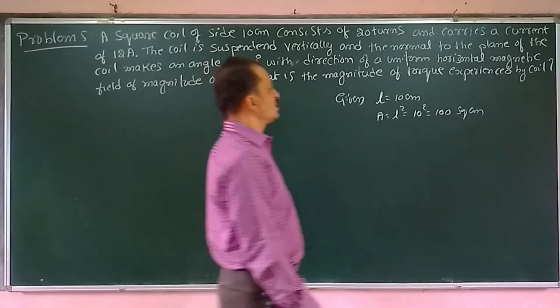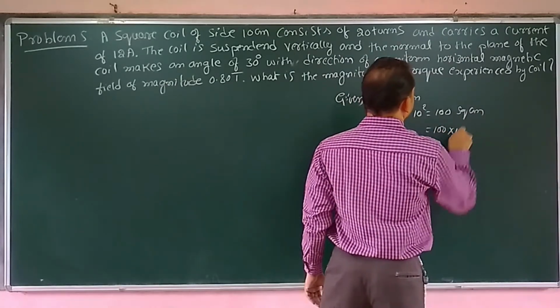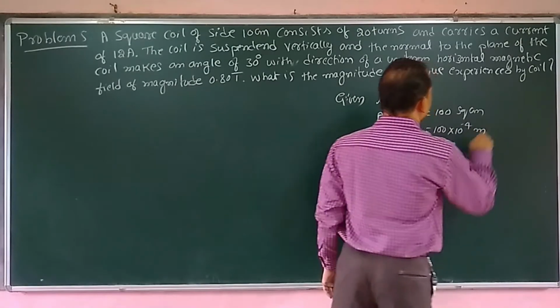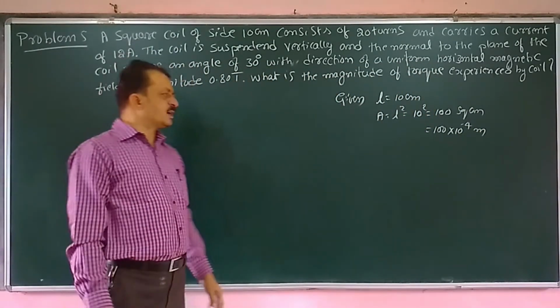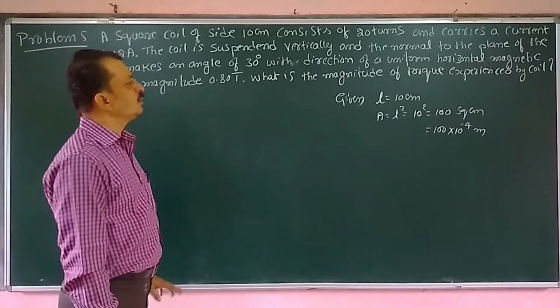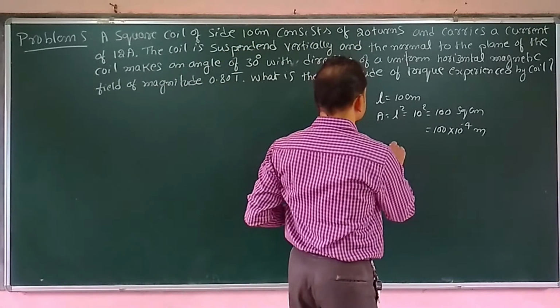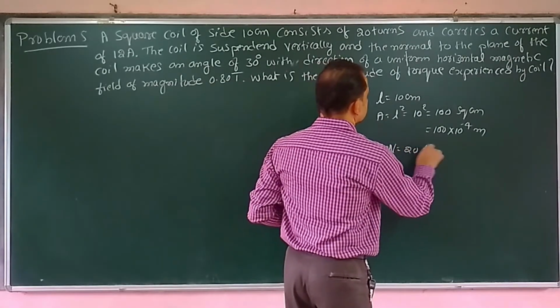If you convert it into meter, that is 100 into 10 raised to minus 4 meter. It is having the total number of turns, capital N is equal to 20 turns.